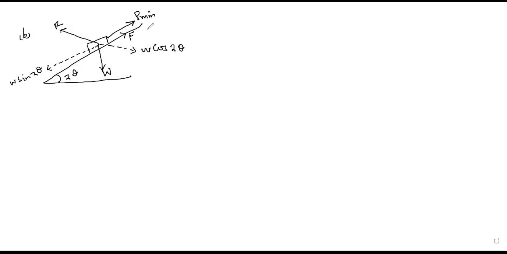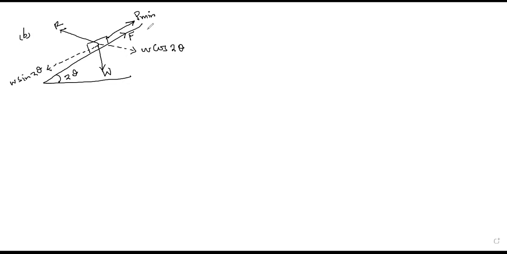Basically, in a case where you're having the force required to move the body up, we are going to do some application example whereby we shall be finding the force acting parallel to the plane that will prevent the body from sliding down.